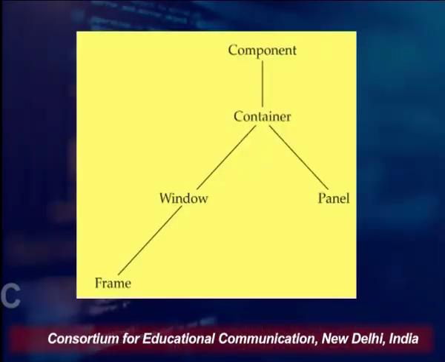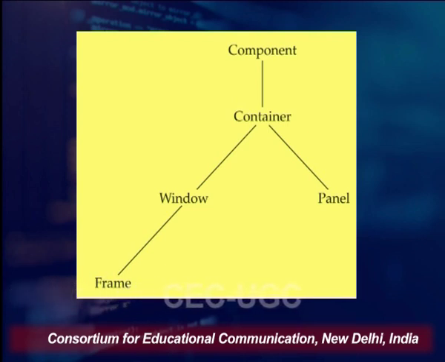Now, I am telling you that AWT defines windows according to a class hierarchy. The hierarchy I am talking about is displayed on the screen. On top of it we have Component, and all these terms you can see here are the names of classes.